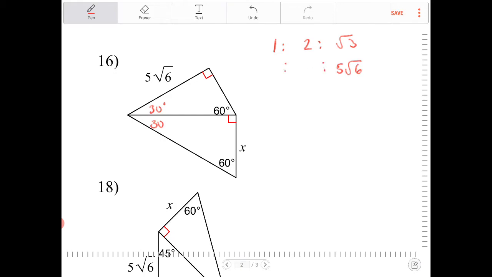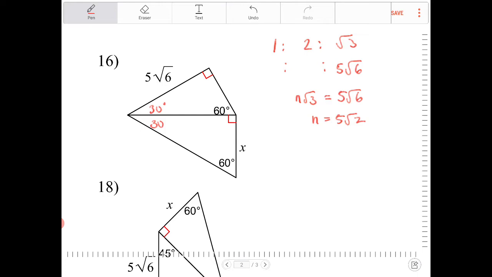I need to figure out what factor I am multiplying radical 3 by to get 5 radical 6. So n radical 3 is equal to 5 radical 6. If I divide both sides by radical 3, I end up with 5 radical 2, since 6 divided by 3 is 2. So it's 5 radical 2.